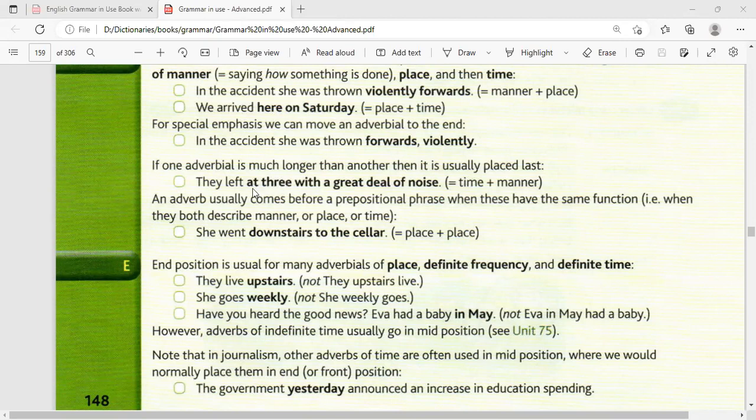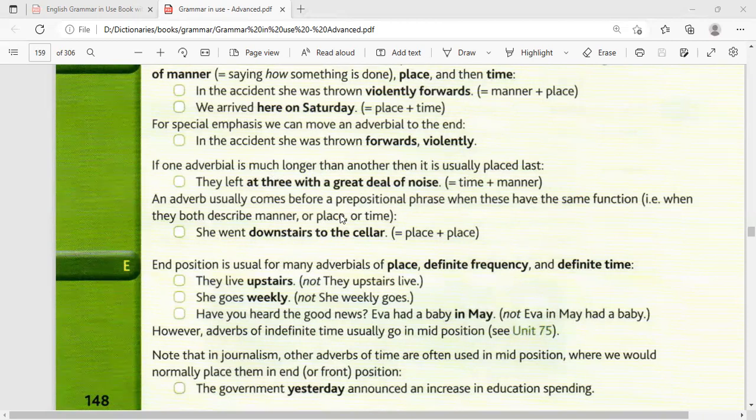In this case, we don't go with the ordinary order. Why? Because the manner adverbial is much longer than the time. So in this case, we can start with the adverbial of time, and then the manner. Do you understand me? Yes.